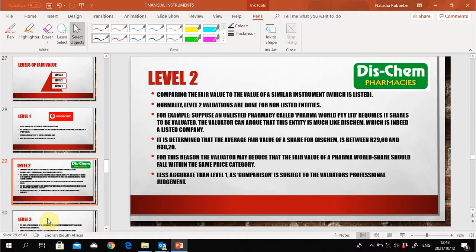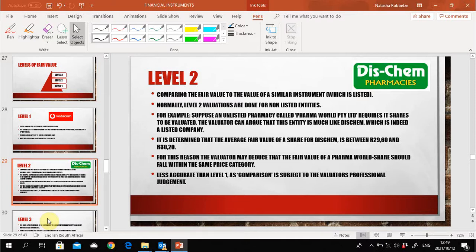And the problem is that the valuator is comparing one type of instrument to a similar but other listed type of instrument. And here we heavily rely on the professional judgment of the valuator. Someone else might come and say, Pharma World is much smaller than Dis-Chem. You can't say that they are the same.